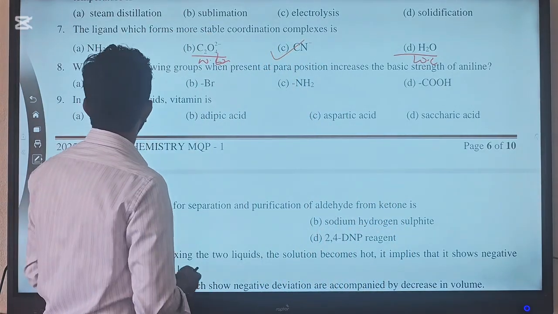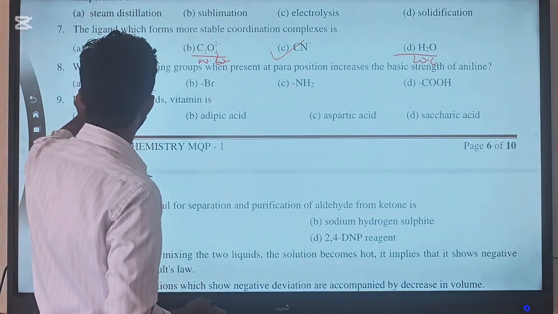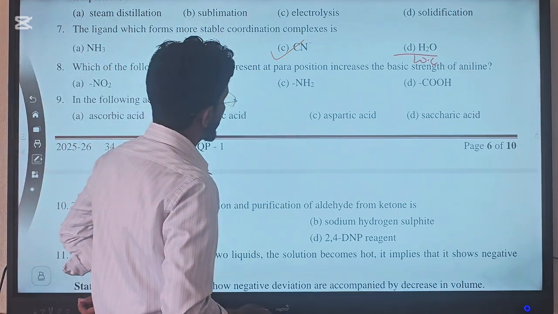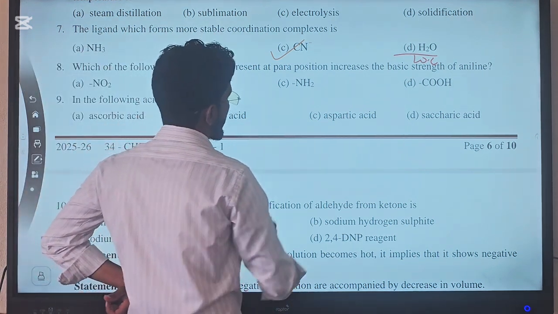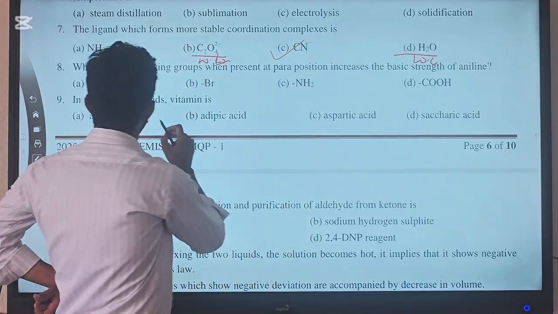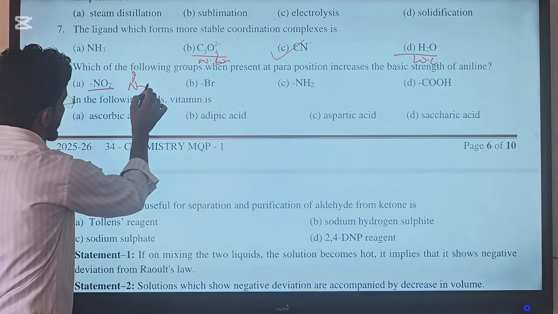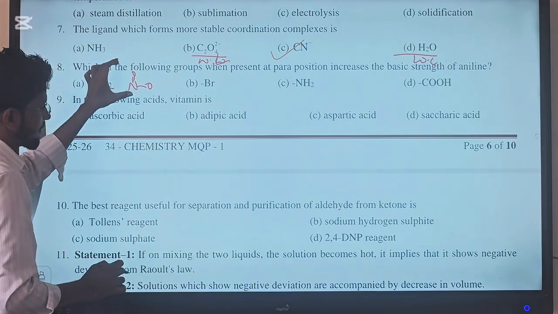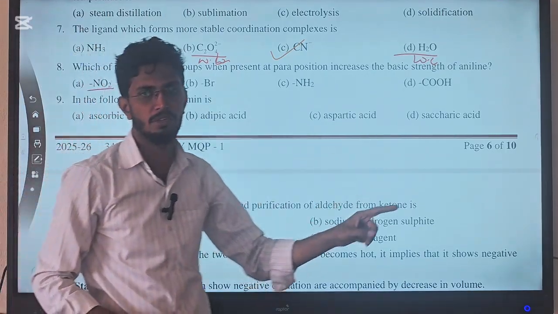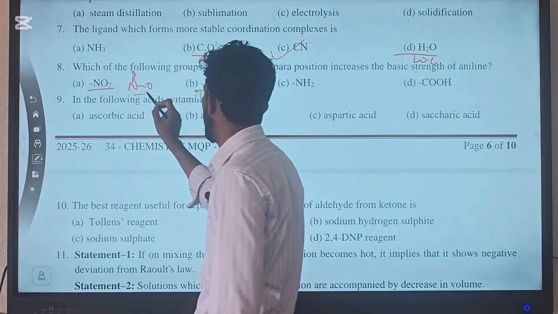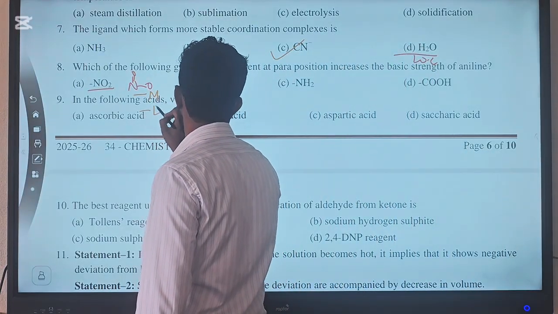In NO2, double bonds are directly attached, so it has minus M effect as well as minus I effect.